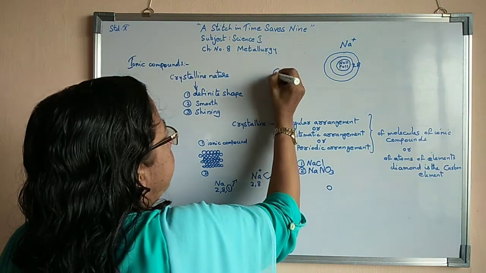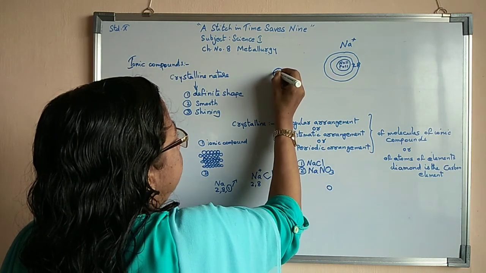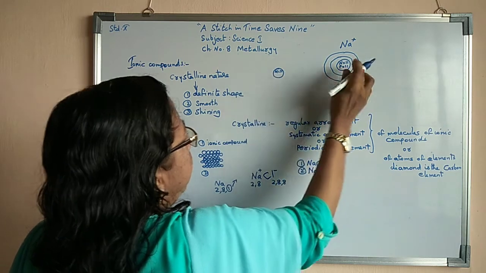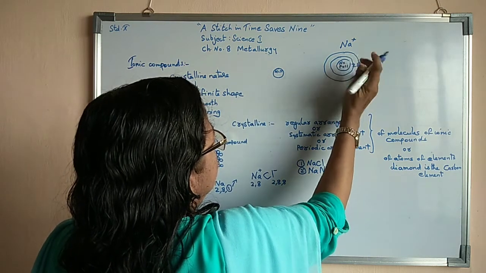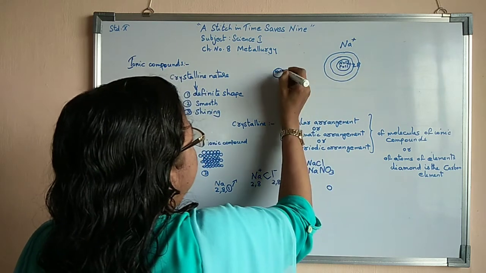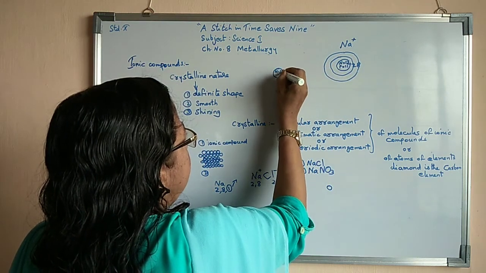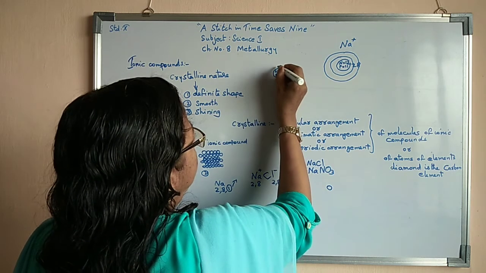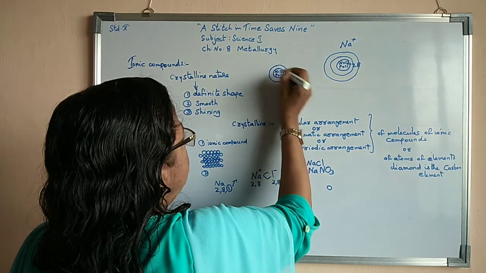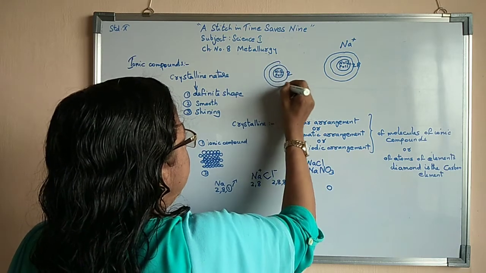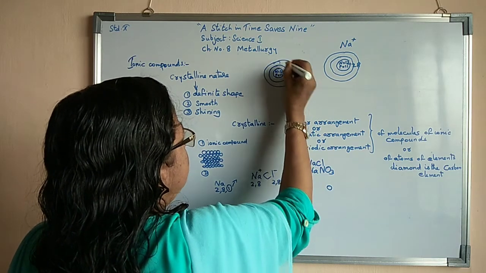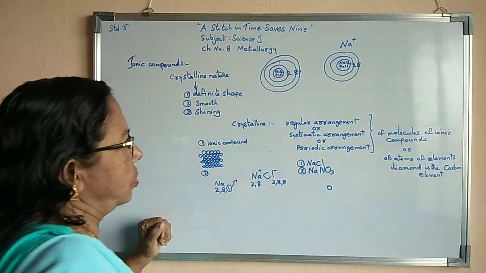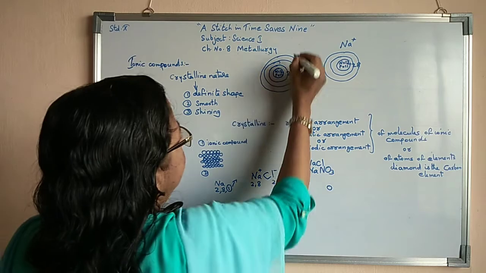Now in case of the sodium atom, neutrons number 12, protons number 11. The first orbit has 2 electrons, the second orbit has 8 electrons, and the third orbit has 1 electron. So this is the sodium atom.